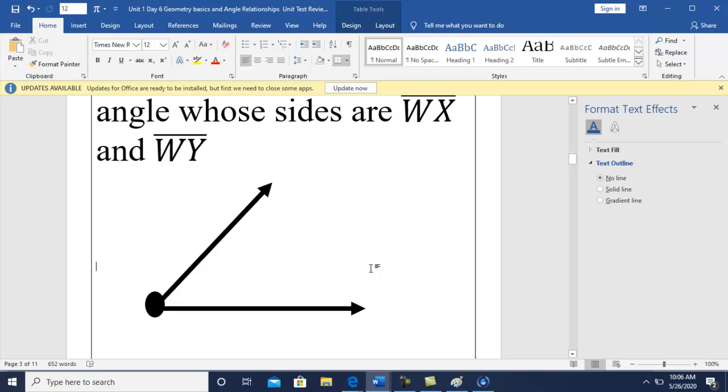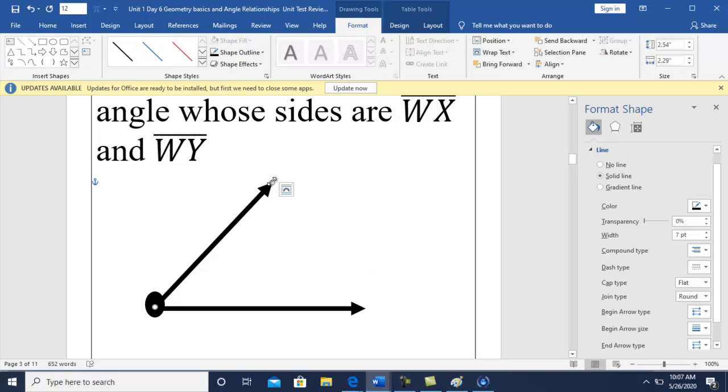If I measure using my protractor, right now it's at 50, and I've got to get to 70. So I'm going to be moving this over more. Right now it's at 60. And right now that would be about 75, so let's go down a little bit. And that's 70. There you go.